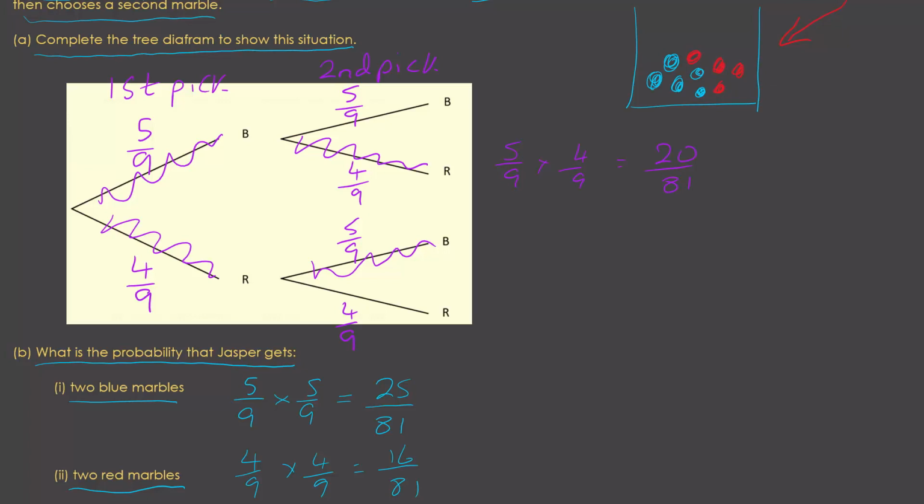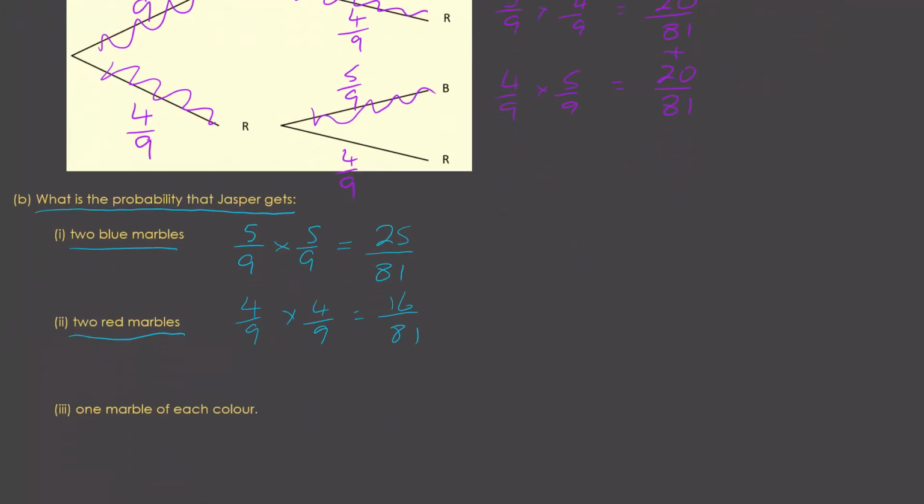Round the bottom is red then blue, 4 over 9 times 5 over 9, which again is 20 over 81. Because we want to combine these results at the end, we actually add these results together. So 20 over 81, add 20 over 81, that is going to be 40 over 81.